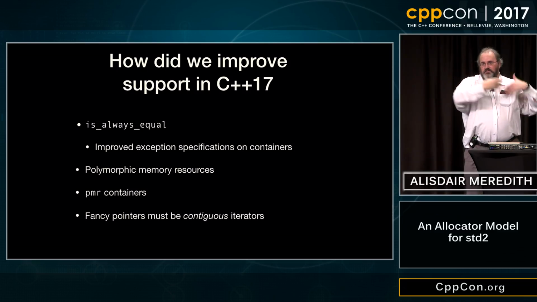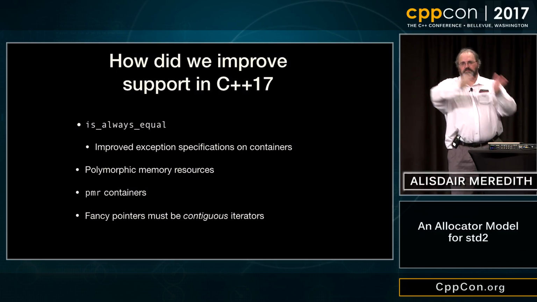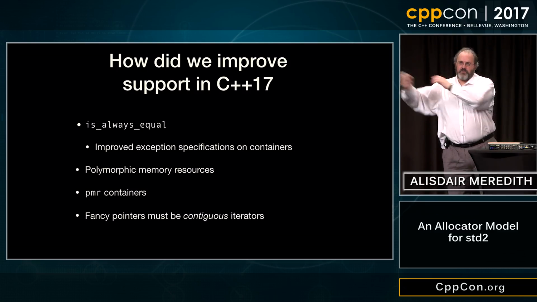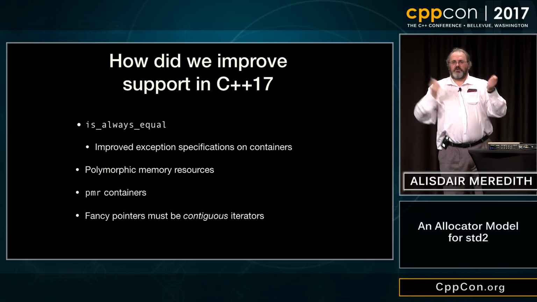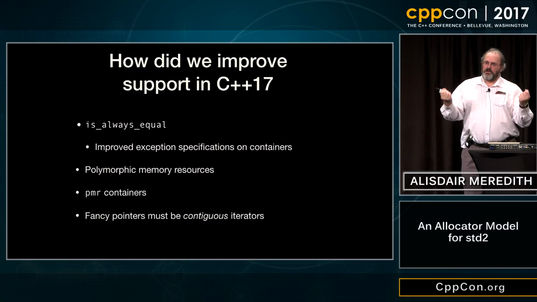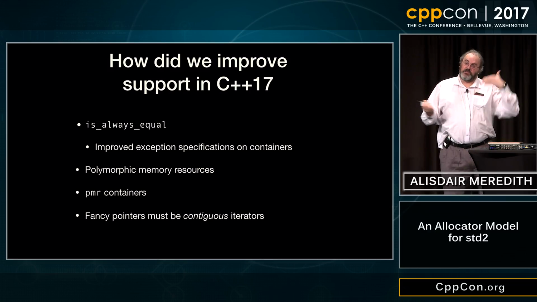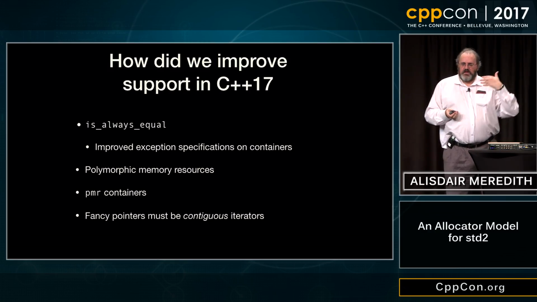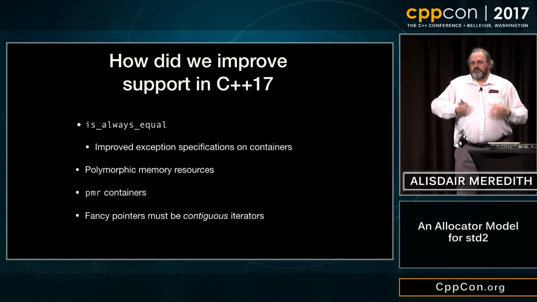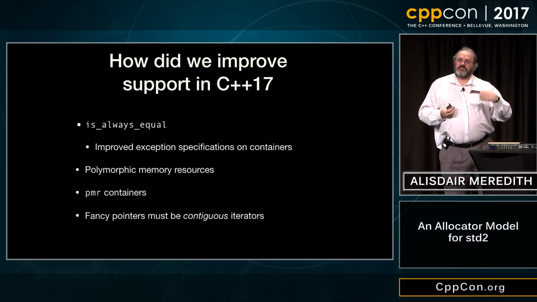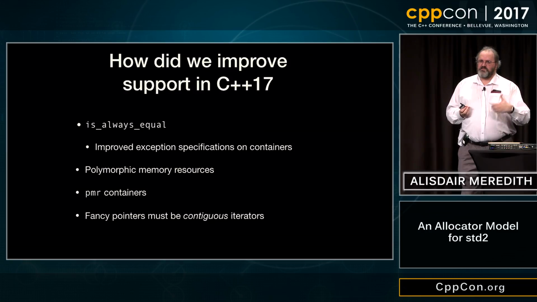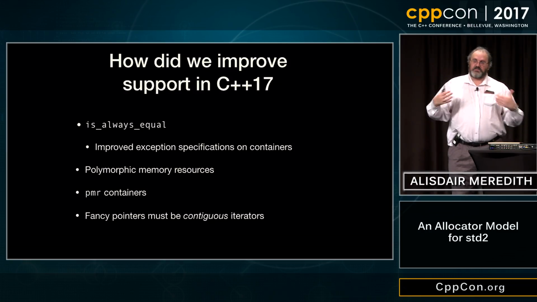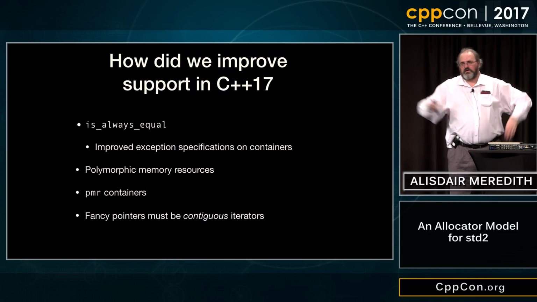And therefore, when you implement the pointer semantics, your operator++ would have to know how to skip over those little cookies. But people doing address arithmetic on the allocated objects are now going to get the wrong answers. You have to do everything through the pointer type. By requiring those fancy pointers to always be a contiguous iterator, you can now do pointer arithmetic safely with the objects in your containers, where you've got contiguous guarantees.